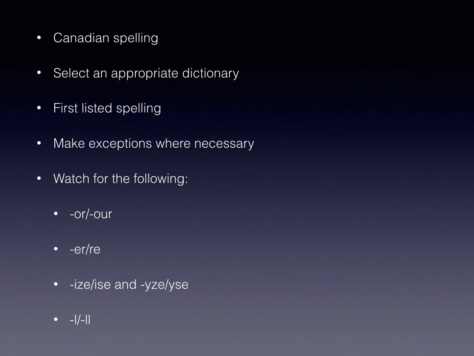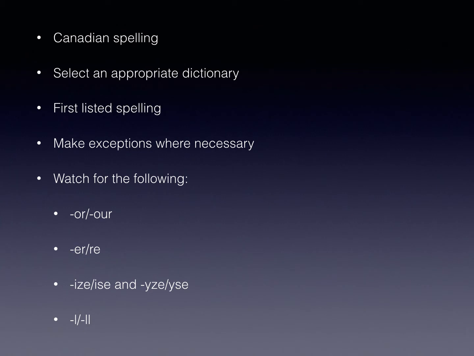Now, for the purpose of this class, we have chosen to reference the Canadian Oxford English Dictionary, 2nd edition. Prior to editing a document, you are going to want to choose a dictionary that you're going to use as a default resource.